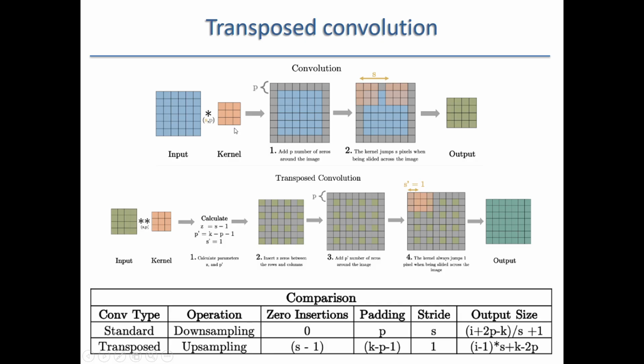And because of the stride, we have seen that the output image can be smaller than the input. So the standard convolution can perform a downsampling operation in which the anti-aliasing filter, if you want, is the kernel that you are trying to compute.